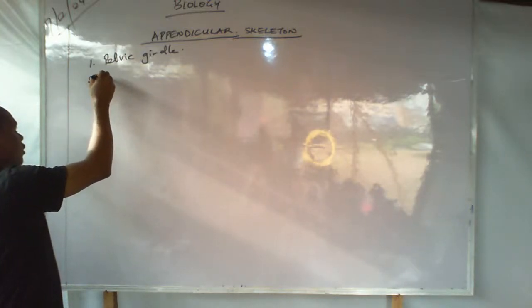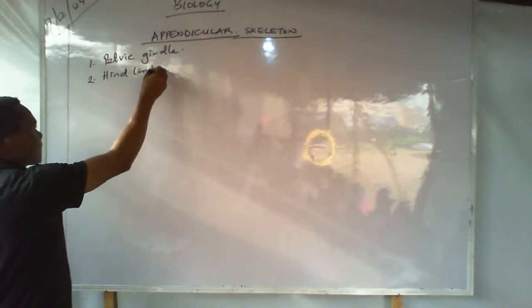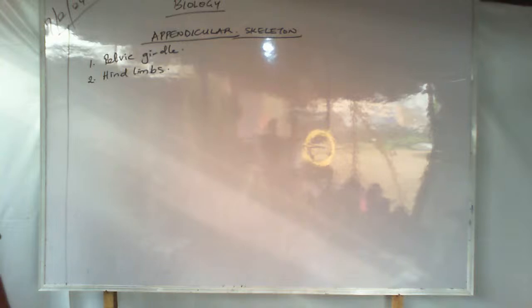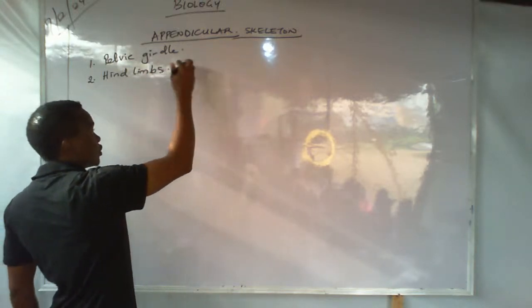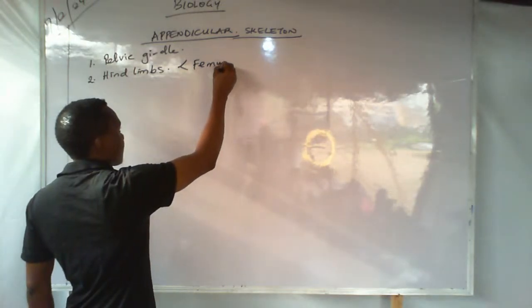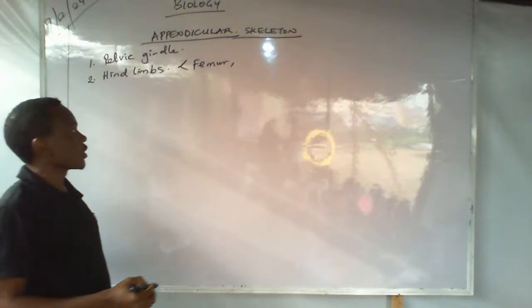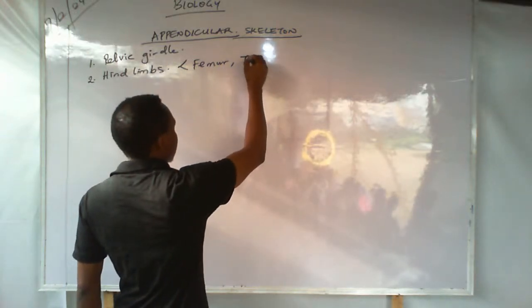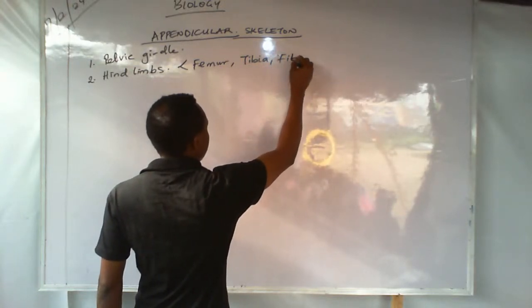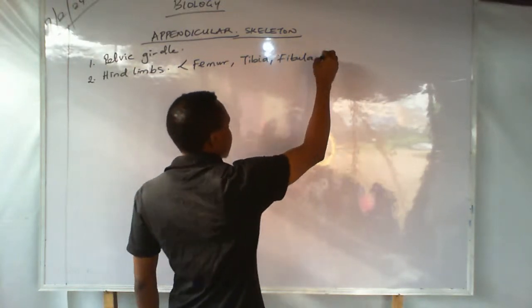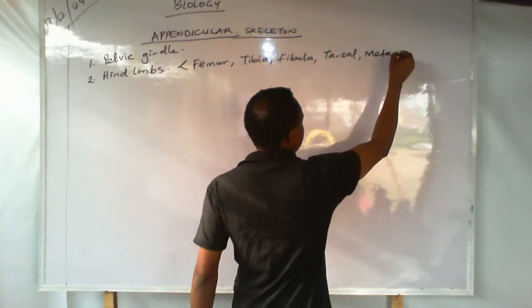Then we have the hind limbs. The hind limbs consist of what? It consists of your femur, which is the longest bone in your body. It consists of the tibia, the fibula, the tarsals, and then the metatarsals.